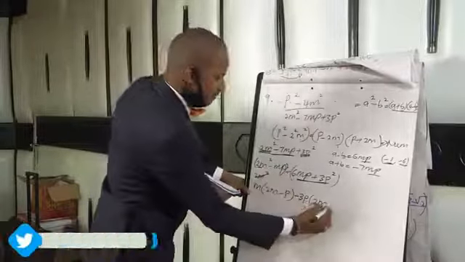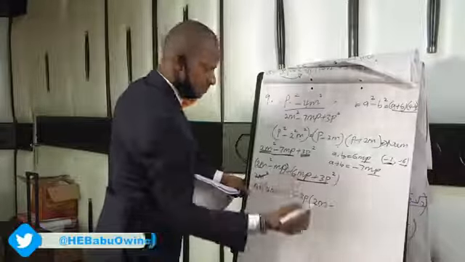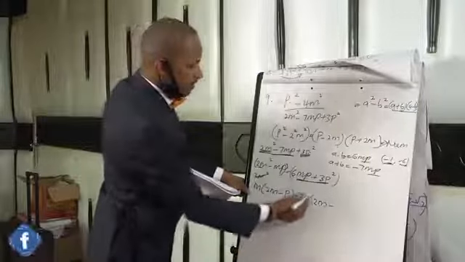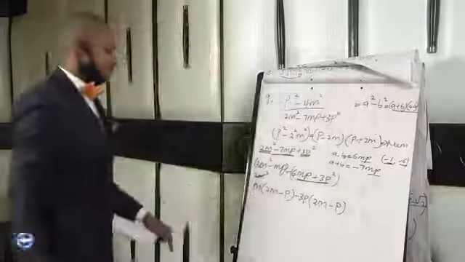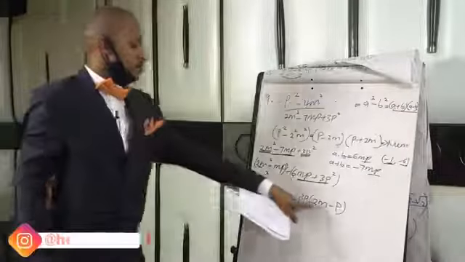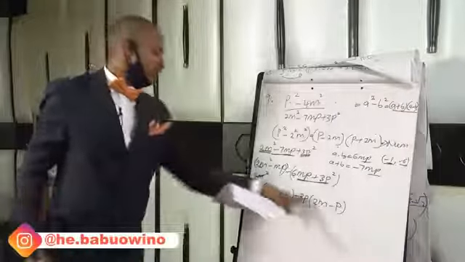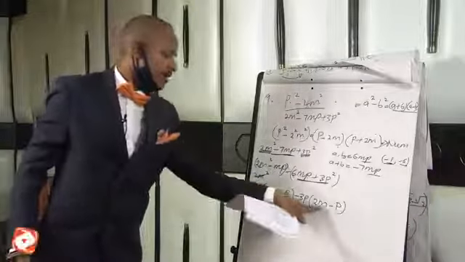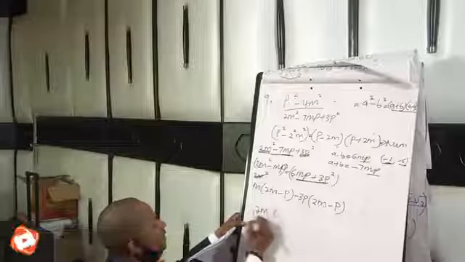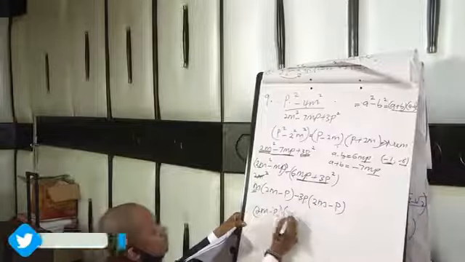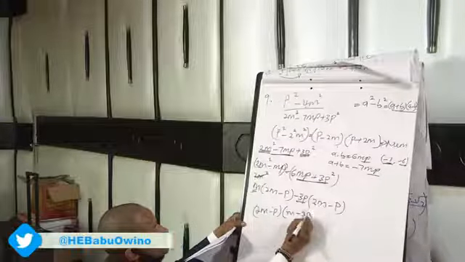Minus times plus is minus. 3p goes into 3p squared how many times? p times. Therefore, as you can see in our brackets, we have 2m minus p, again 2m minus p. So you just collect them together: 2m minus p, then take this m, then take this minus 3p.